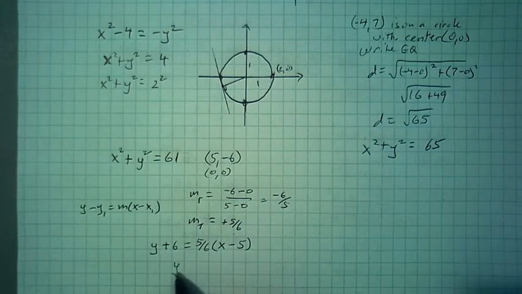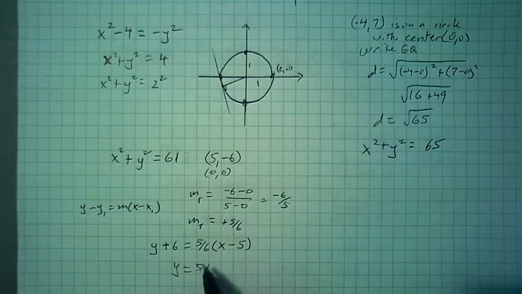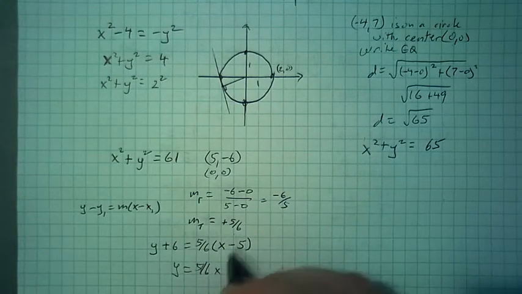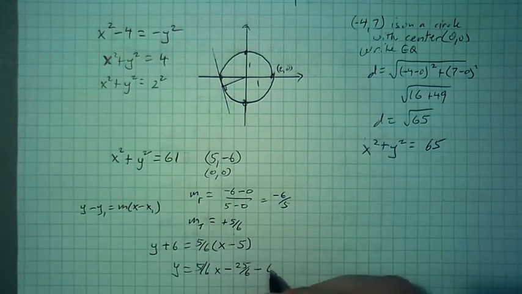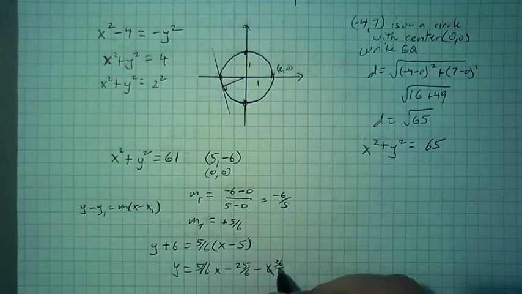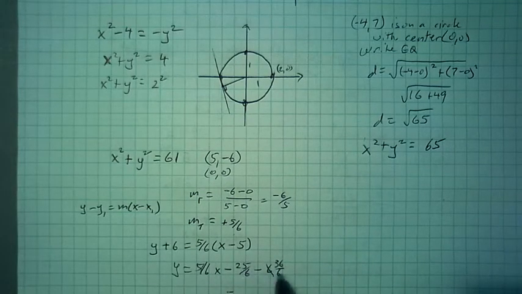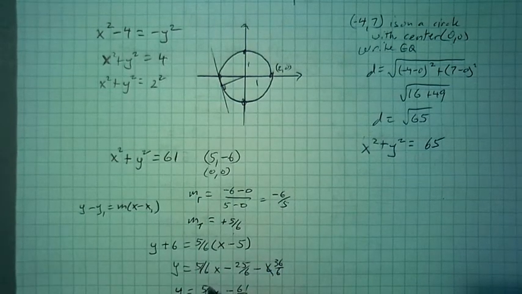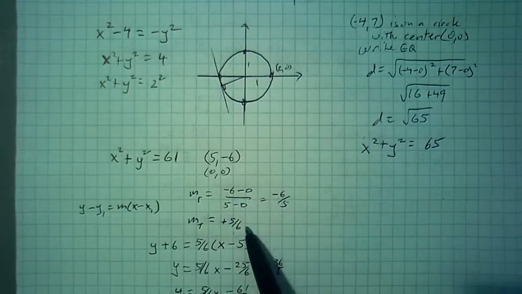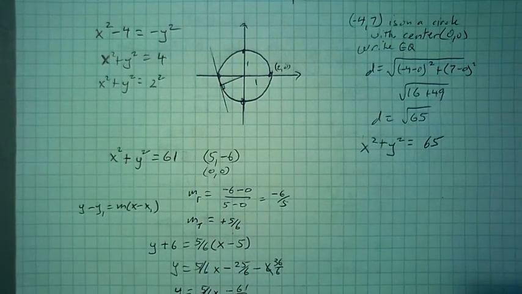And that means y equals 5/6 x minus 25/6 minus 6, which is 36/6. So that's -61/6. So there's the equation for the tangent line. Find the slope of the radius, take the negative reciprocal, and put it into point slope form.